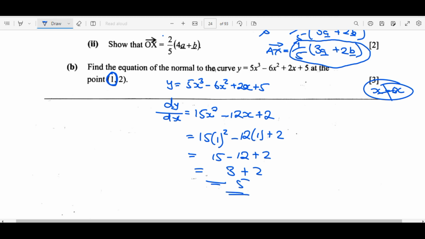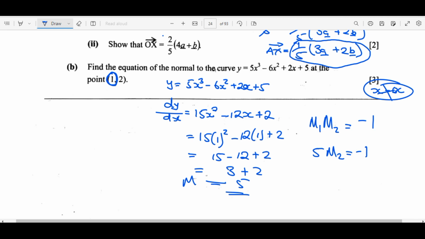Okay, so meaning that we have the gradient, so gradient 1 times gradient 2 is equal to negative 1. Because that is the normal, we can work out to say gradient 1, it is 13, and then 13 times gradient 2 is equal to negative 1.